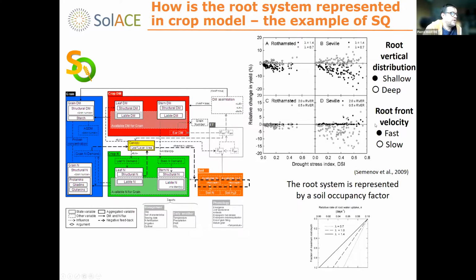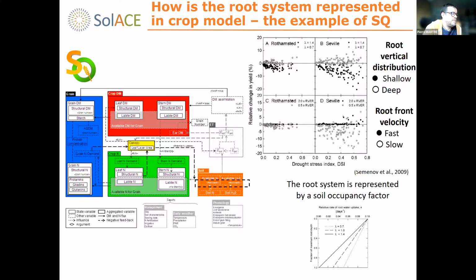And if you change the root front velocity, so how fast the root will grow downward, you see that in Seville, you may have quite a substantial increase in yield if you reduce the rate of root growth, which is quite counterintuitive, but it's actually a strategy to store water, to save water for later in the growth season.